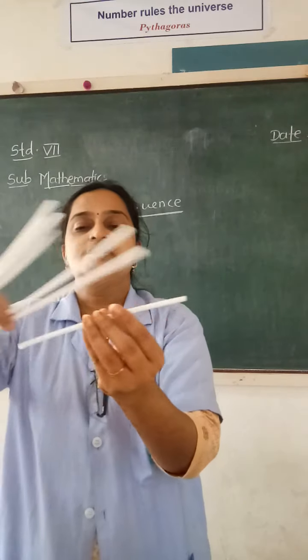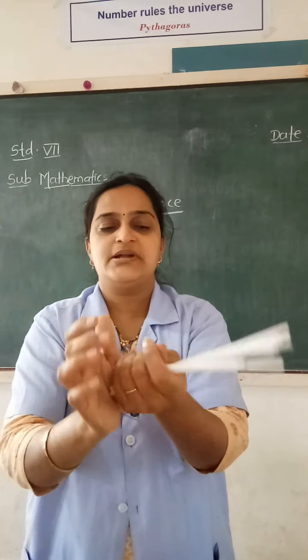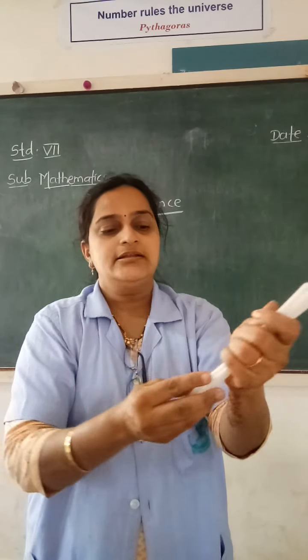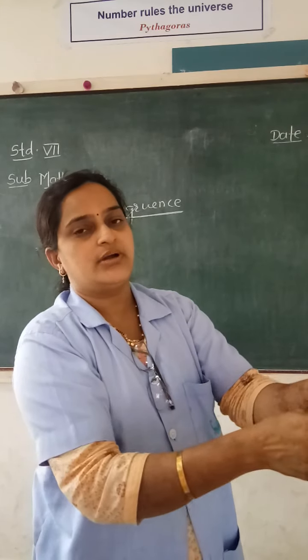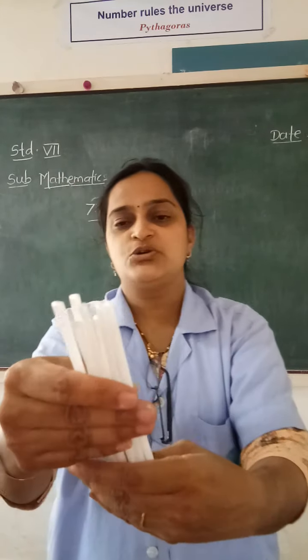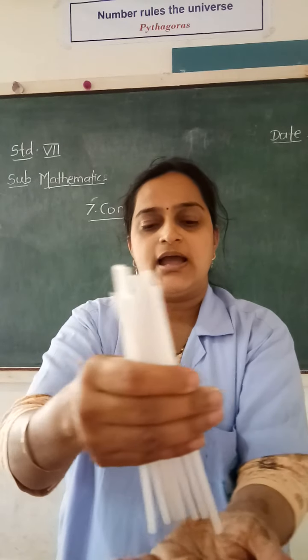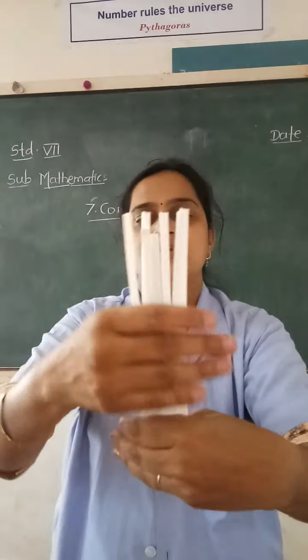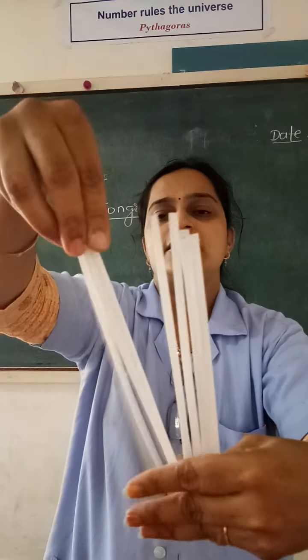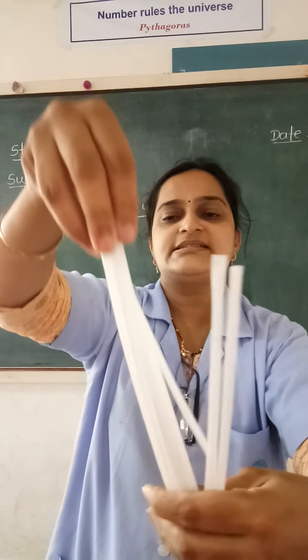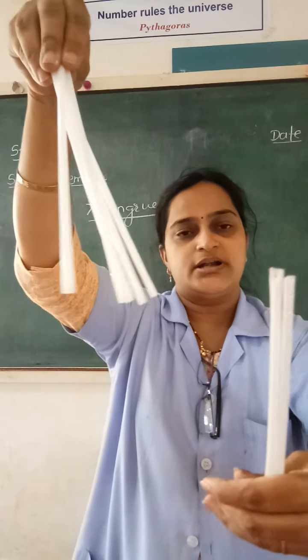Now see, I have so many line segments in my hand, right? Now which of them are congruent, I want to find out. I will place them like this and pick out which have equal lengths. What I will say then, these are congruent, right?